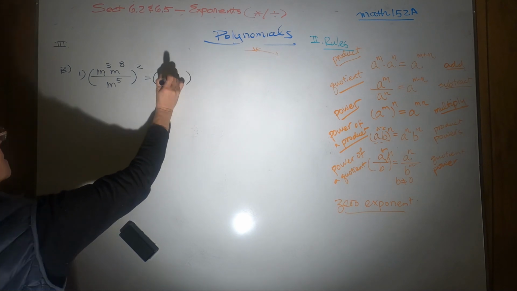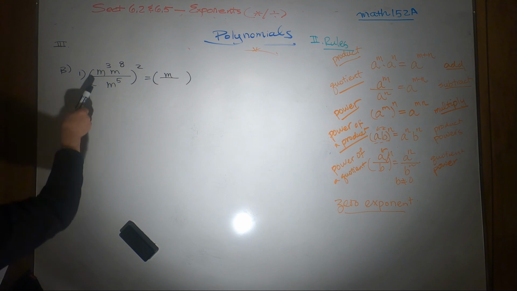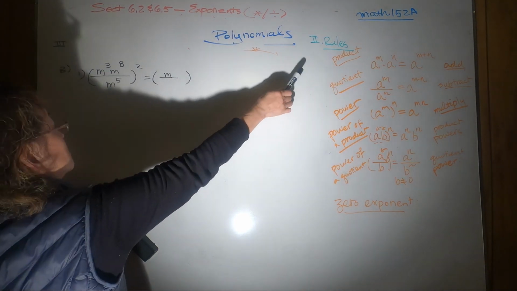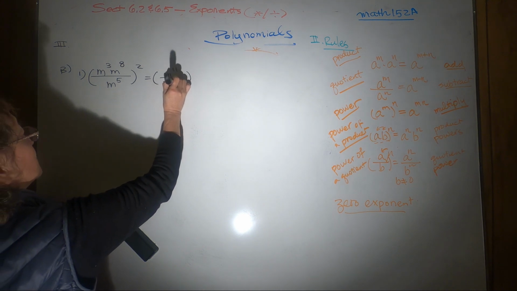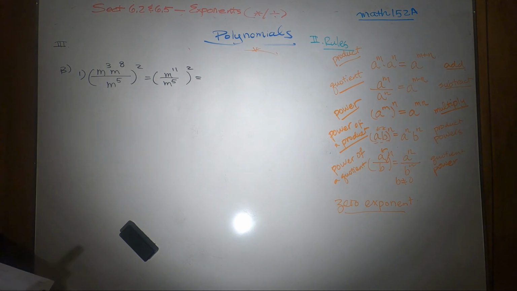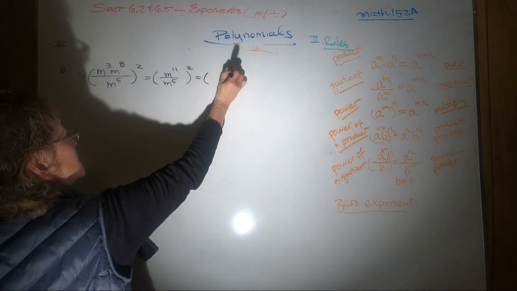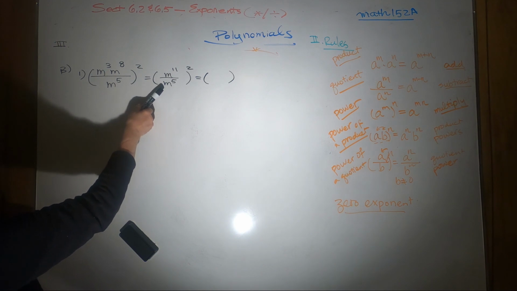So take a look, how many m's on the numerator? Product property, right? So add the powers, then m to the 5th power to the square, right? Then let's simplify inside again, m to the 11 over 5th.